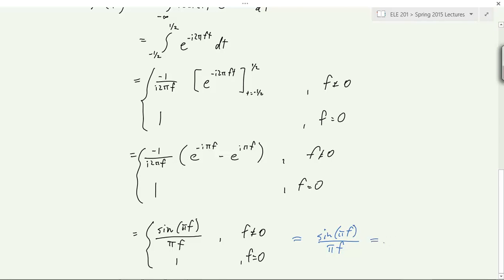Now, we have a name for this function. This is defined as sinc of f because it, in fact, is such a nice and important function in signals. This is the sinc function. Has anyone encountered the sinc function before? Oh, nobody. All right. So let's just look at what the sinc function looks like when we plot it.